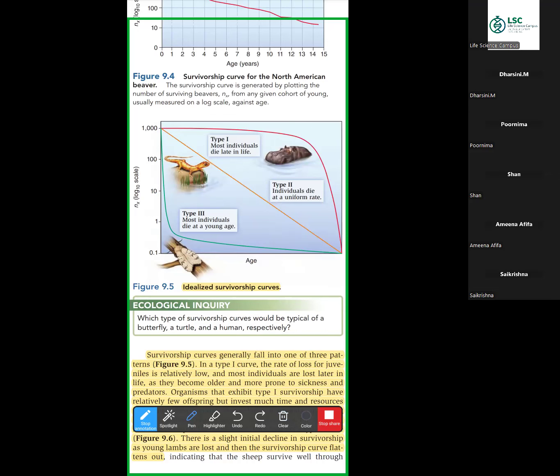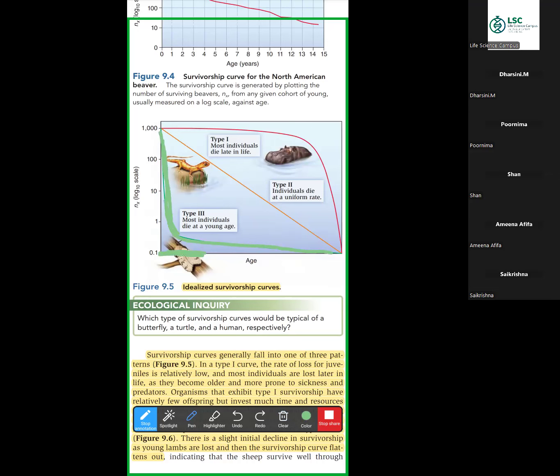Then type 3 survivorship curve. In the case of type 3 survivorship curve, they show high death rate at their juvenile period. You can see that this is the juvenile period. During the juvenile period, there is a steep decrease in their number.